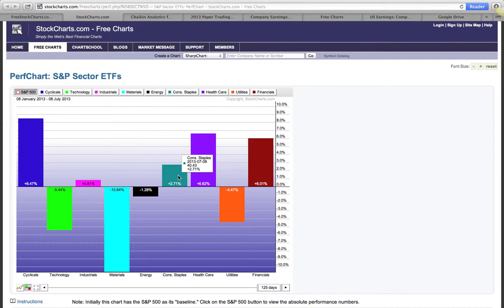This one's sort of been outperforming as interest rates have been spiking up, and the interest rate in the 10-year Treasury has been above 2.5%. Consumer staples had been getting whacked, as had utilities, kind of another defensive sector that pays a yield on the stocks it holds. But you can see healthcare, the other defensive sector, has been doing pretty well.